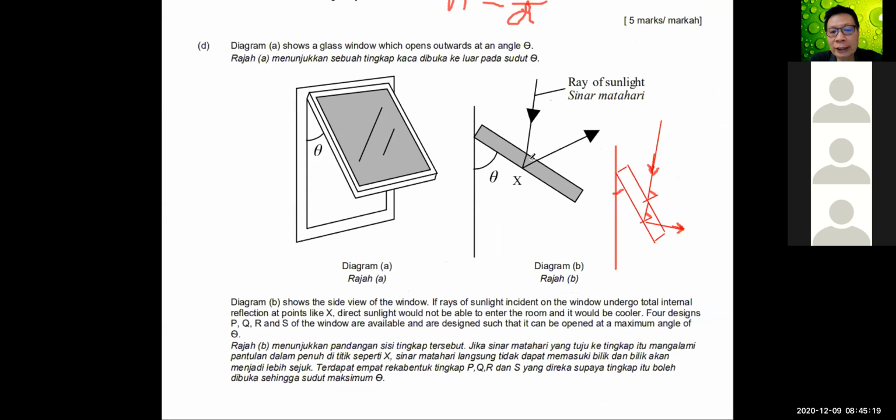In this case, the window is reflecting the light using the concept of total internal reflection. The light goes inside the glass, wants to come out, moving from denser to less dense, but it never comes out because the light is reflected internally inside the glass. Understand or not?